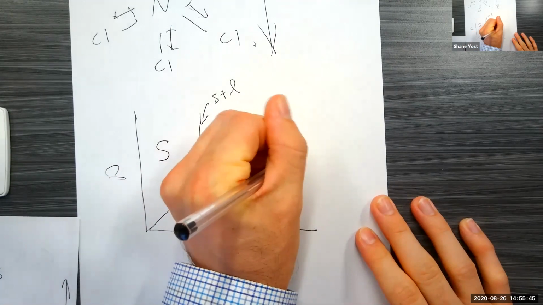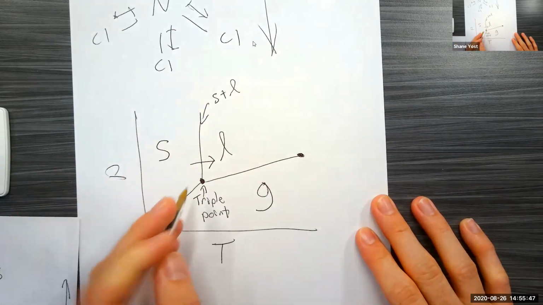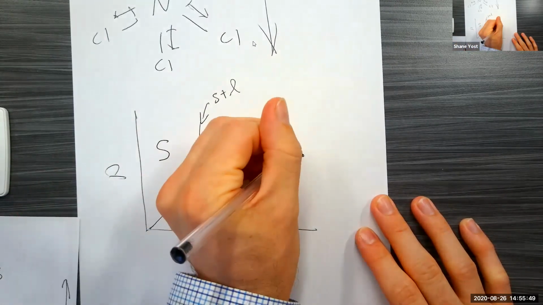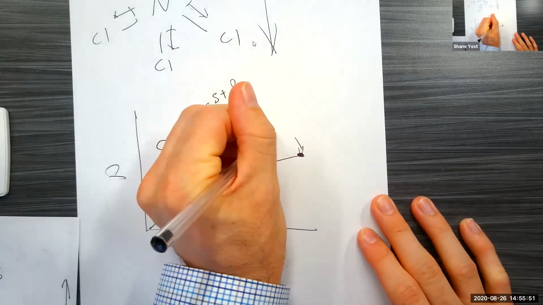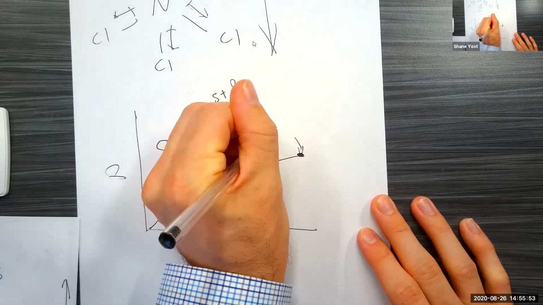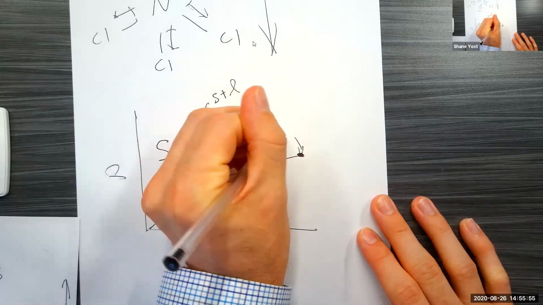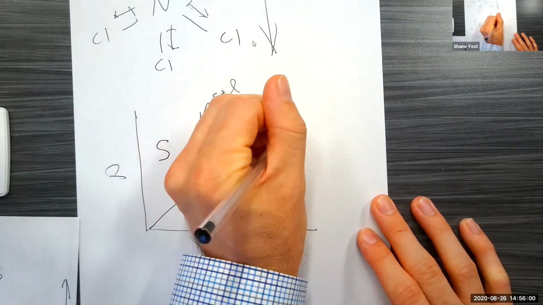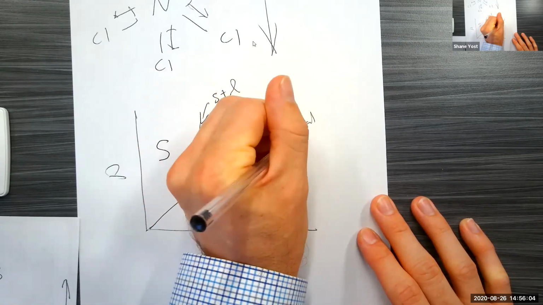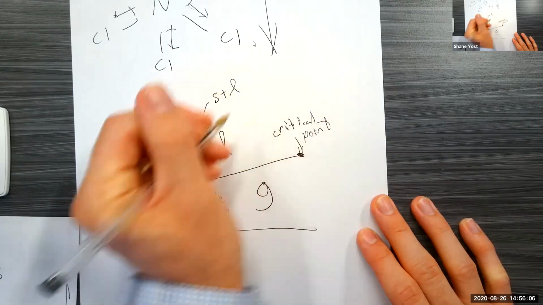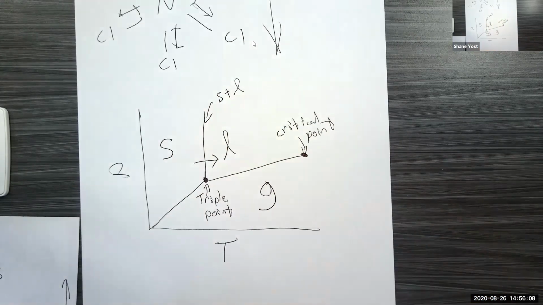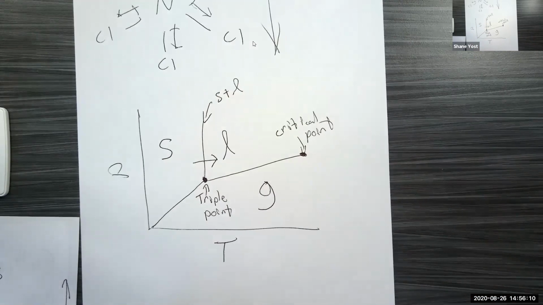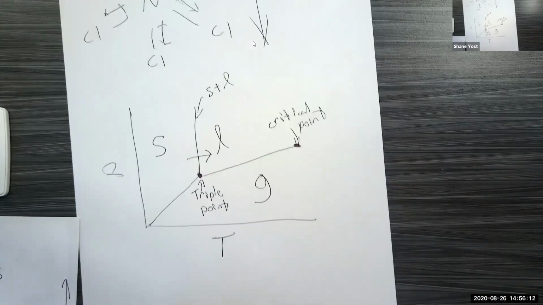And then this point out here, where the phase boundary between the liquid and gas ends, starts with a C: the critical point. Yep, critical point. And that is our phase diagram. Any questions?